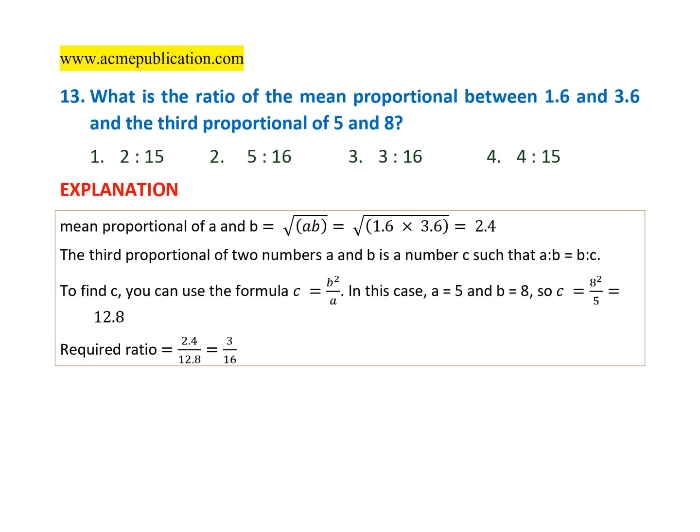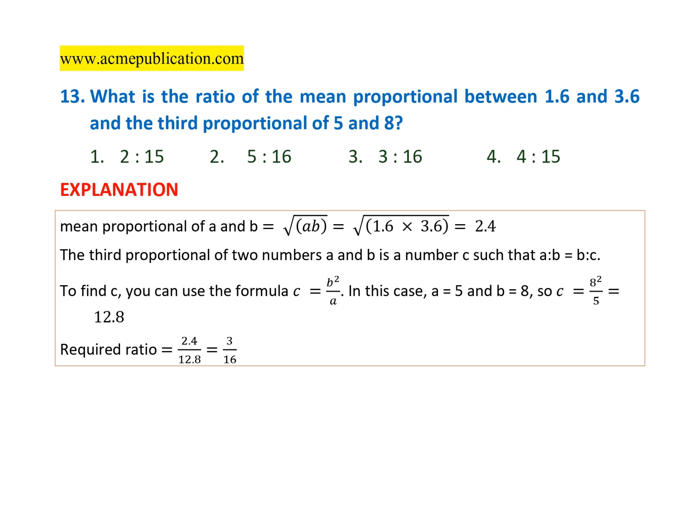Question 13. What is the ratio of the mean proportion between 1.6 and 3.6 and the third proportional of 5 and 8? So, mean proportional of A and B is equal to under root AB, and then putting the values, under root 1.6 multiplied by 3.6 is equal to 2.4.